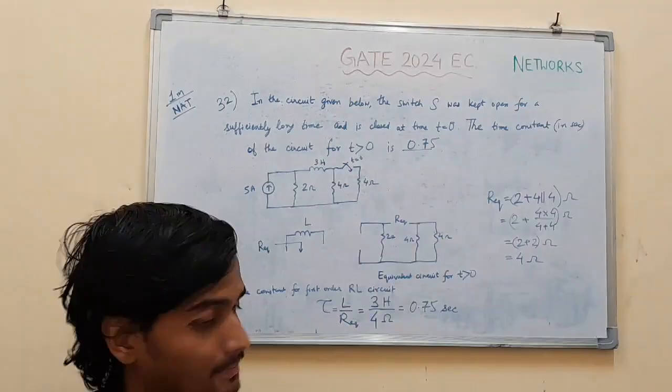So I2 will be, dividing both sides by 4, 3 by 2 V1 plus 3 by 4 V2.